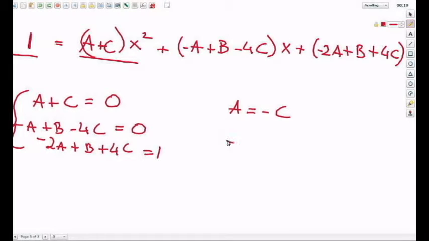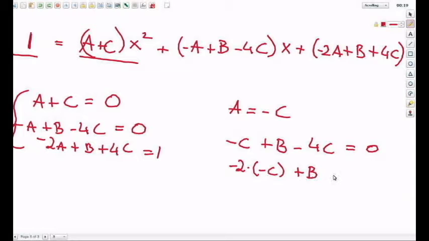So these are the two equations I'm going to end up with. Minus c plus b minus 4c should equal 0. The second equation is minus 2 times minus c plus b plus 4c, which should add up to 1.